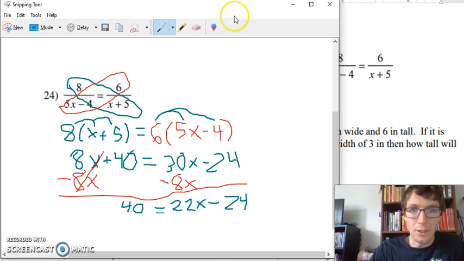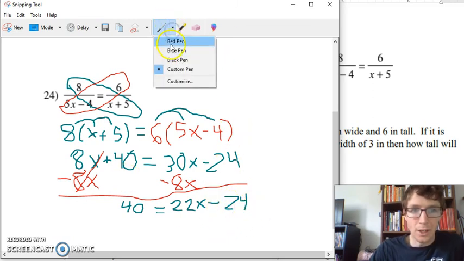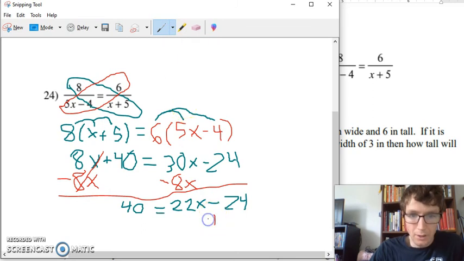The way we solved something like this last time is we went ahead and got rid of the number that was being subtracted or added over here. So I'm going to add 24 to both sides. Add 24 here. Add 24 here. So it cancels on this side.